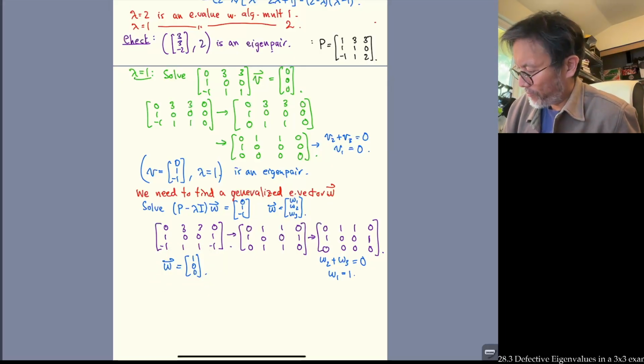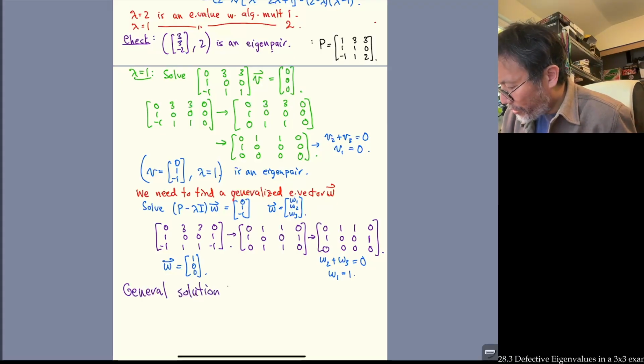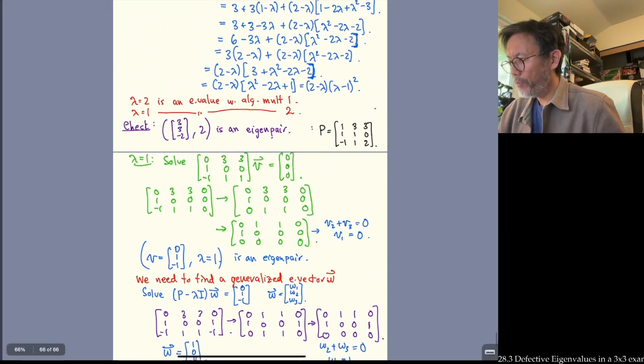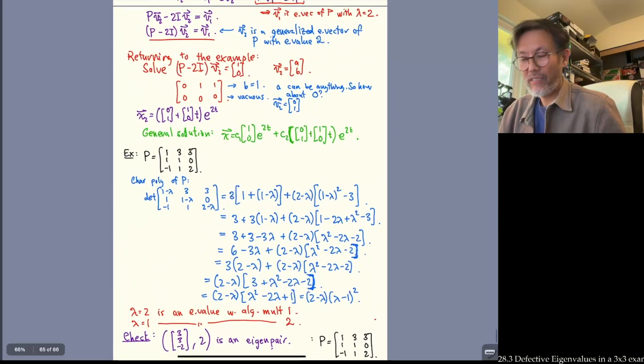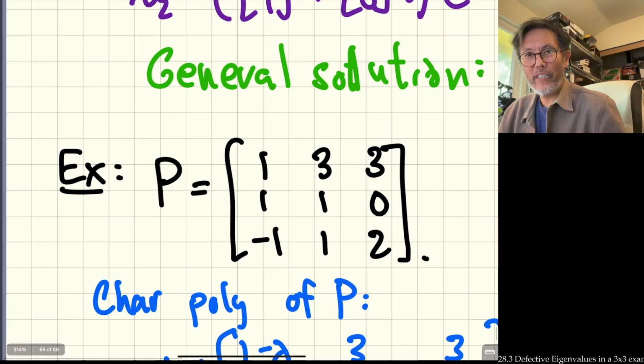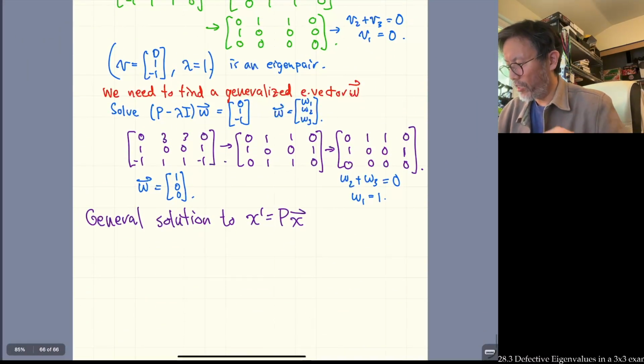So first, let's write down the general solution to the system x prime equals Px. What is P again? P is this guy right there. Let's write it all out.